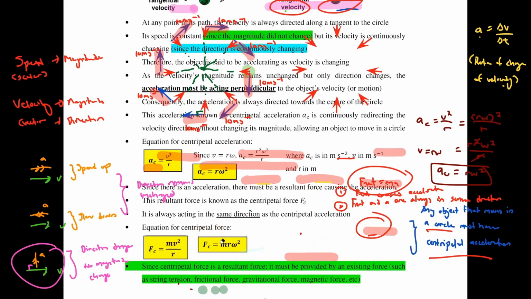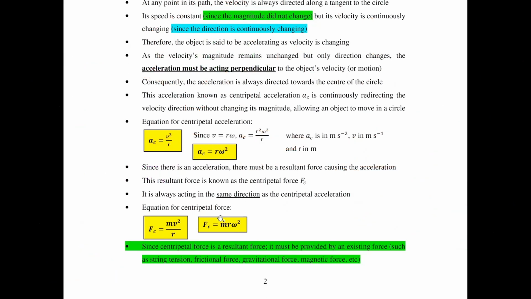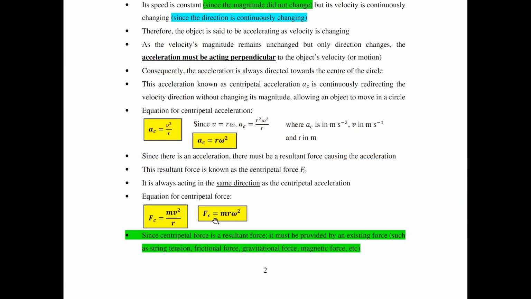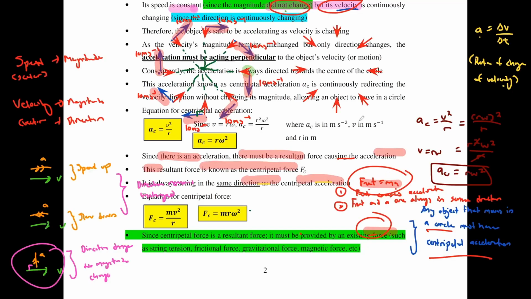Now, if we have centripetal force, what is the equation that represents centripetal force? Since we say that the centripetal acceleration is caused by a resultant force, if we use F net equals ma, we can adapt this to circular motion, where we say that centripetal force is equal to mass times centripetal acceleration.